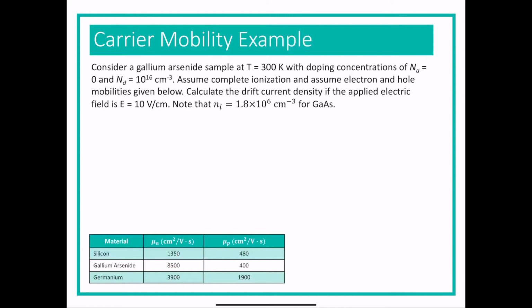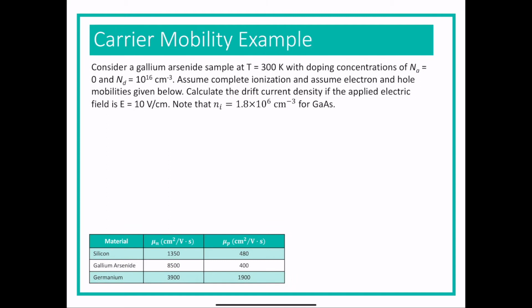So, first of all, is this N or P-type material? N-type. There are more donors than acceptors. You can tell right off the bat that it's going to be N-type because there are no acceptors. There's only donors, and donors are what give electrons. So it is N-type material.